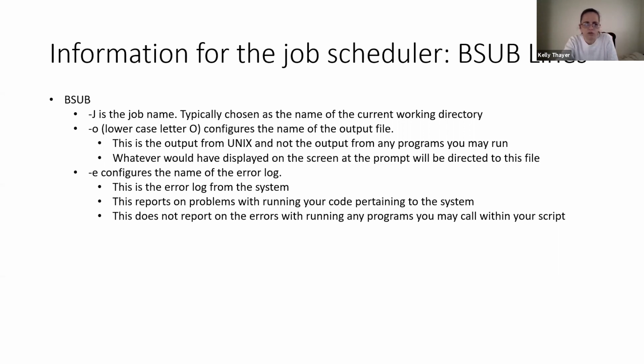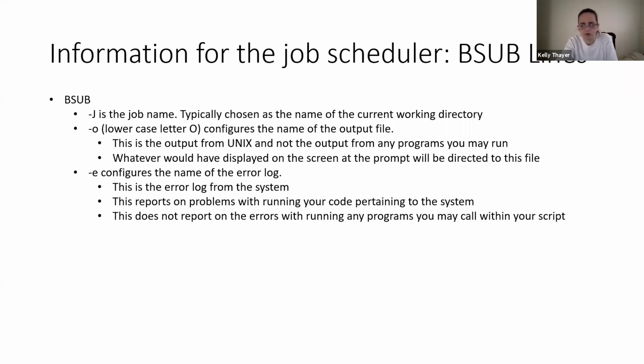-e is going to configure the name of the error log, so your system will also produce an error log from when it runs. The difference between -o and -e, the output and the error, is that the error log is going to be errors that got generated, whereas the -o is going to be more like a log.